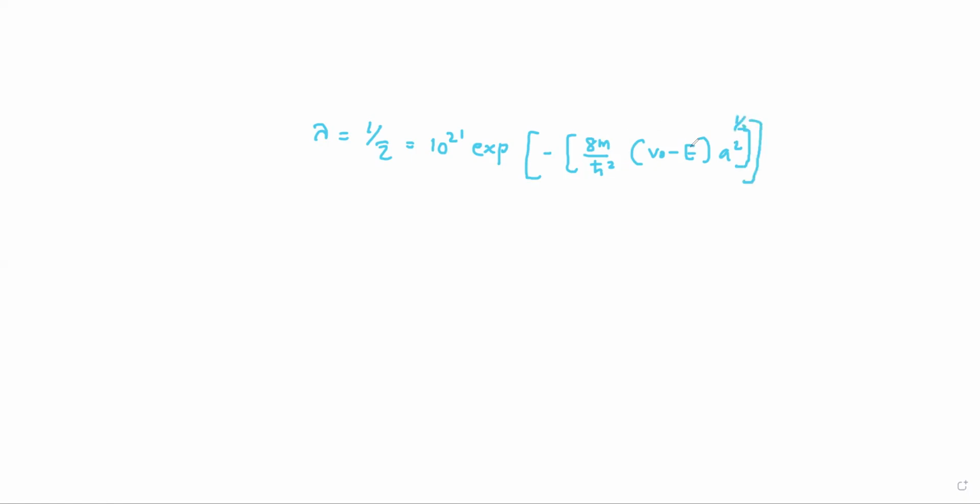So this is the value of the disintegration constant in quantum mechanics. So in quantum mechanics, in a periodic lattice, the logarithm of lambda is equal to a plus b into e, and it also satisfies the Geiger Nuttall law.